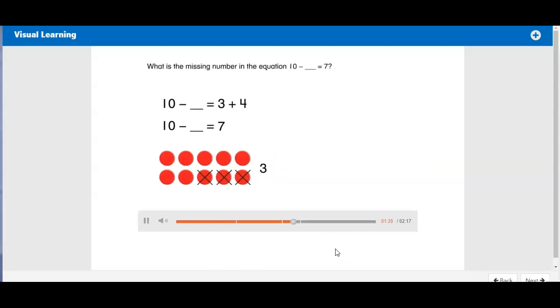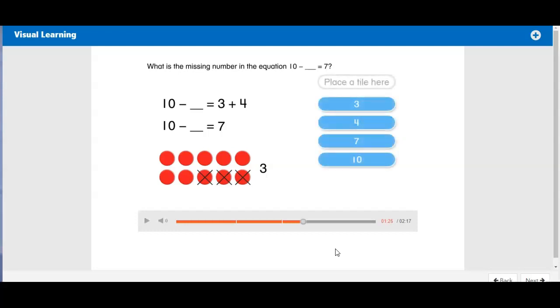What is the missing number in the equation 10 minus blank is equal to 7? So this is what we just did on our last slide.